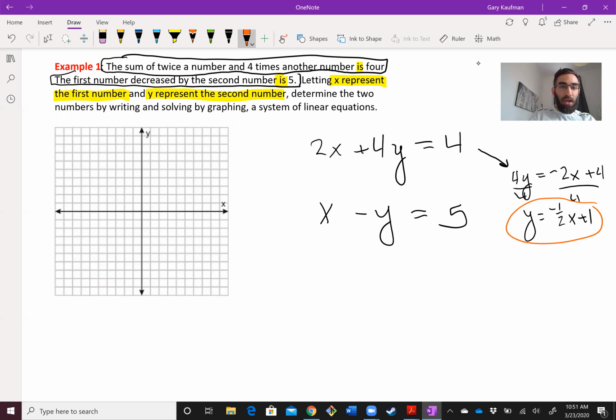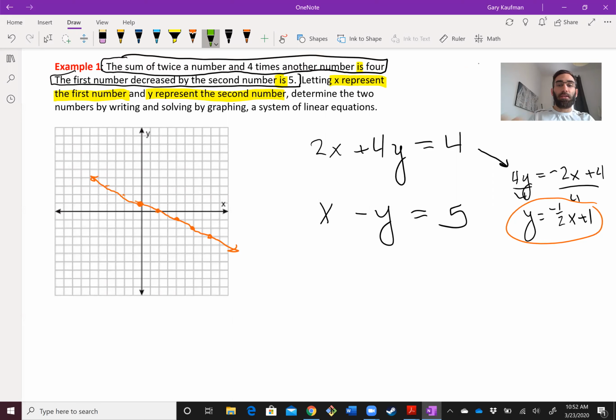So I have a y-intercept of 1, then down 1 over 2, down 1 over 2, down 1 over 2. Again, the idea is so it'll be easier to visualize. So up 1, back 2, up 1, back 2, because I'm just doing the reverse.